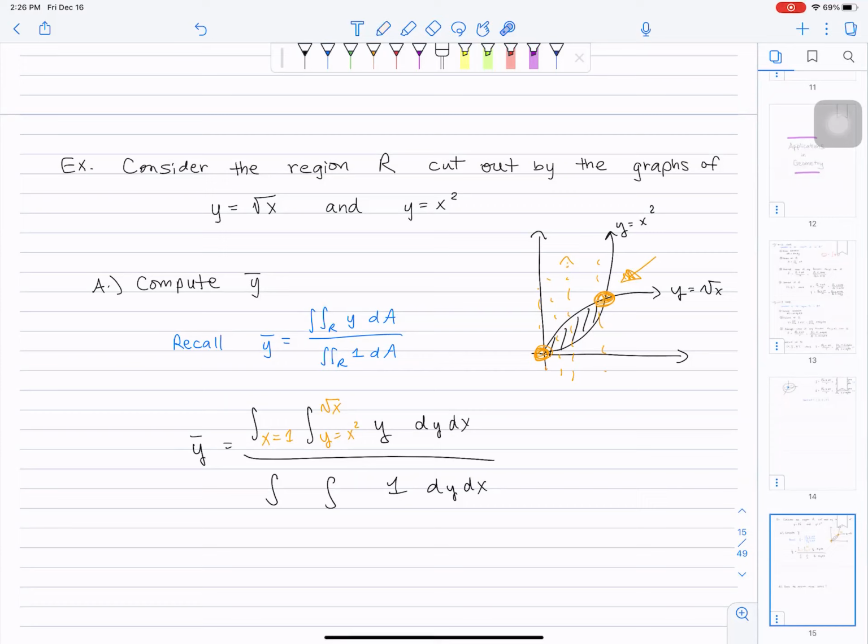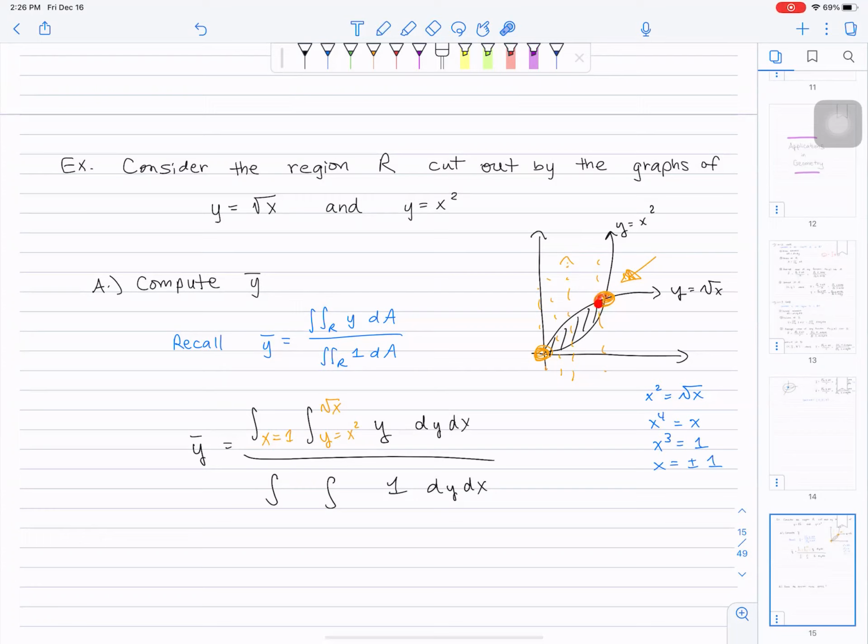I can do a little bit of algebra, meaning I set x squared equal to square root of x, which means x to the 4th equals x. In other words, x cubed equals 1, so I divided by x on both sides. And so I get x is plus or minus 1.